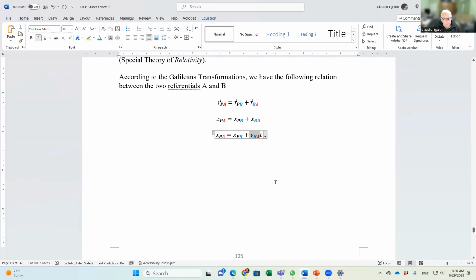You can have an implicit positive or negative sign there in this notation.